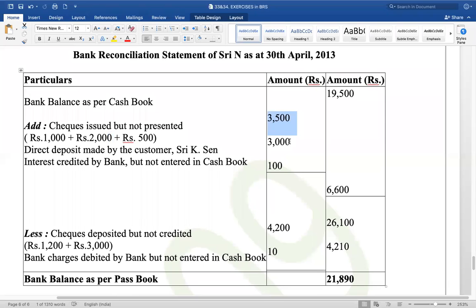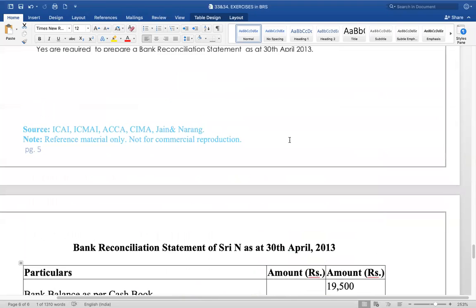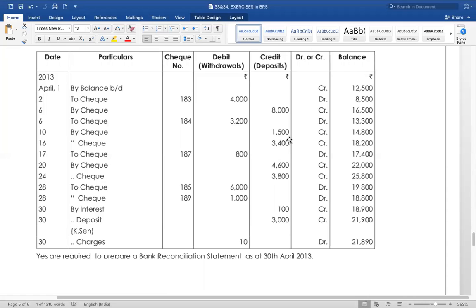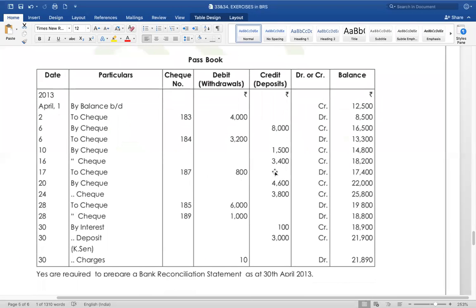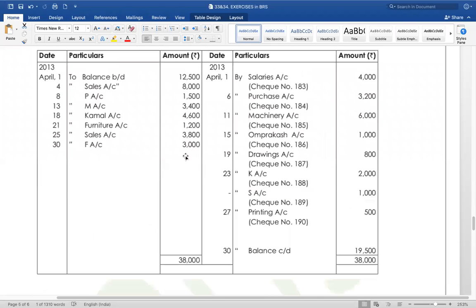Okay, now there is one more item that we have to check. There is one fellow who directly deposited 3,000 into the bank, and the banker has recorded in the passbook this 3,000. This 3,000 is not appearing here. It is supposed to be here, but it is not.